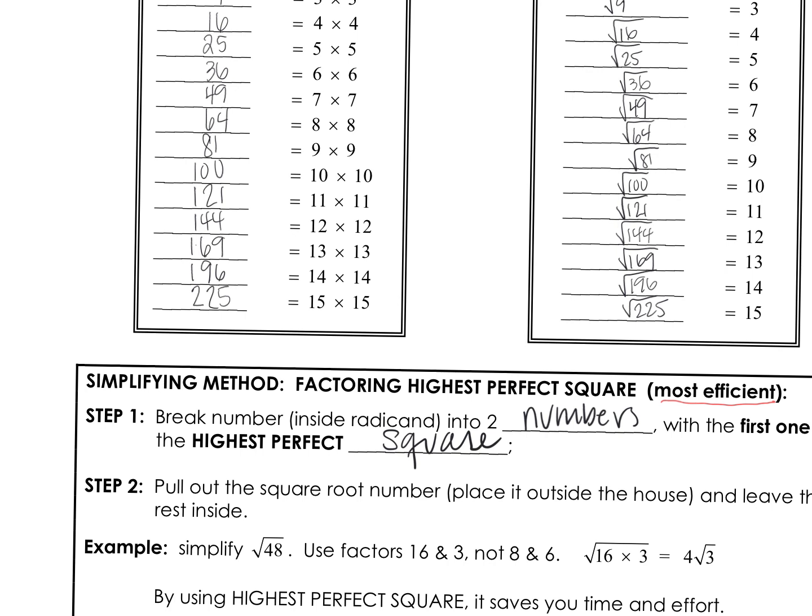For example, if we want to simplify the square root of 48, your best option is to use the factors of 16 times 3 rather than 8 times 6. If I can factor into 16 times 3, well, the square root of 16 is 4, so I take the root of 16 and pop that out, and then 3 isn't a perfect square, so I leave it under the root.